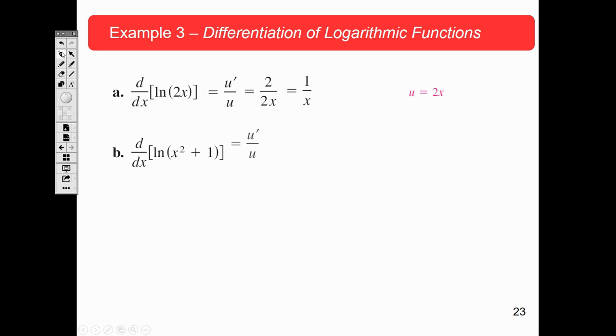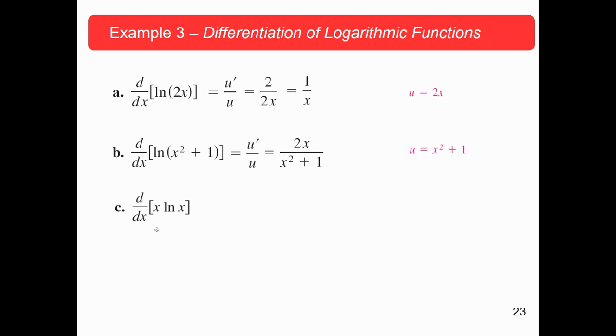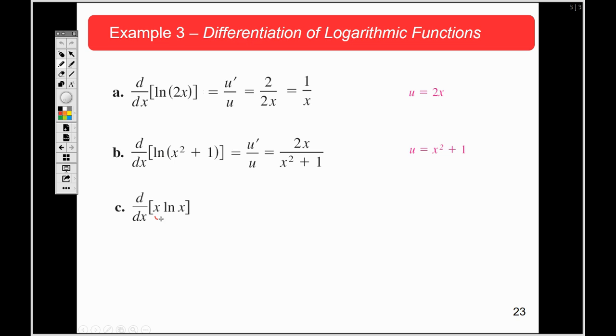Of course, all that's animated for you. For the next one, we have a product rule. So this is a product, and we're going to treat it like a product rule. So remember the product rule, u times v, if we're doing the derivative, is u prime v plus v prime u.